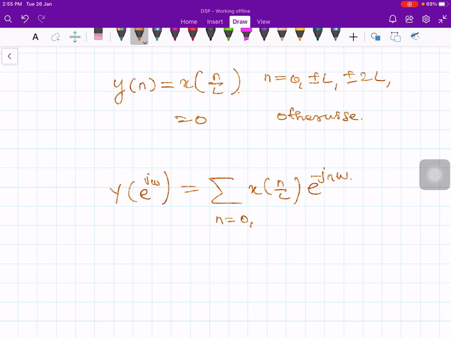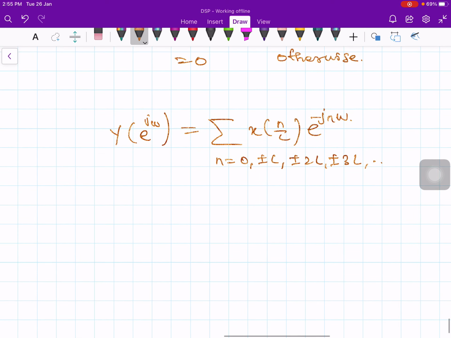It can be 0, plus or minus L, plus or minus 2L, plus or minus 3L and so on and so forth, because I don't have values in between 0 and L because of the upsampling property. Of course it goes to infinity, but only discrete values of n. This n goes up to infinity, but it takes only a limited number of values.